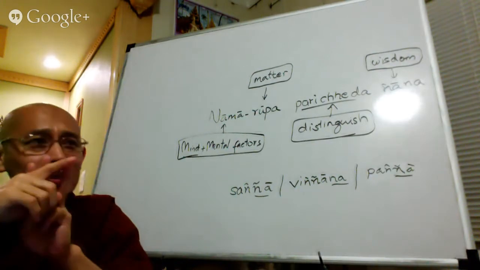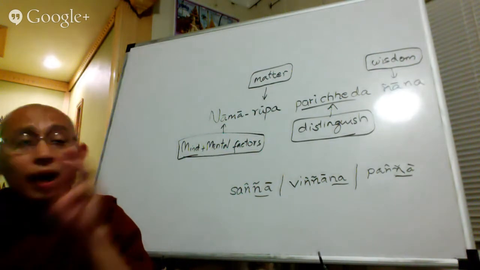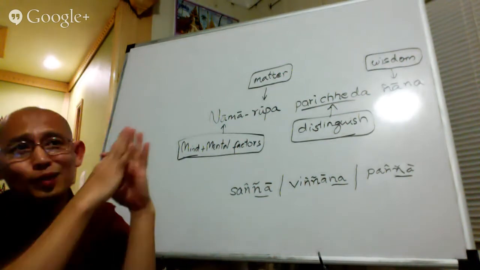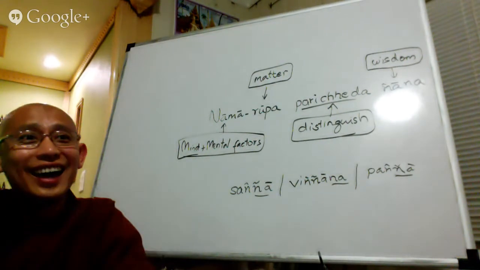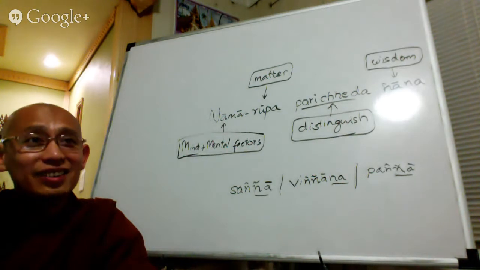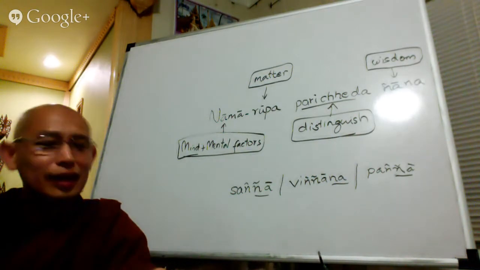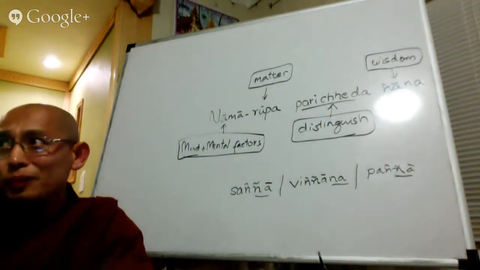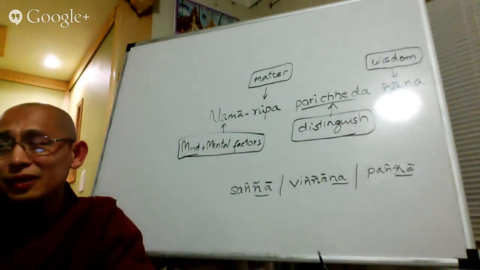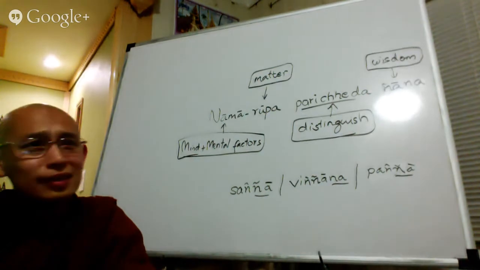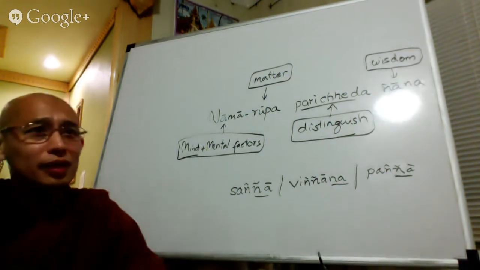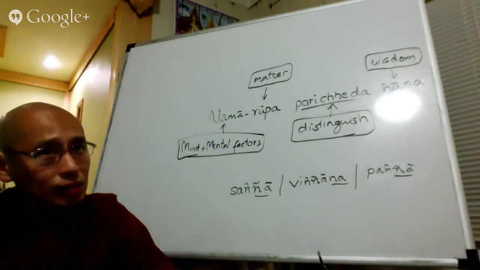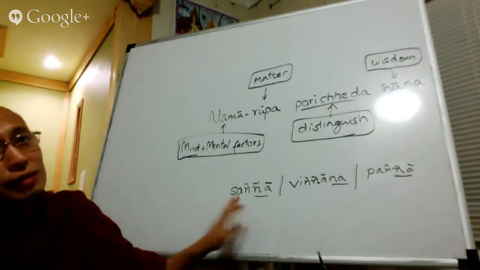The child, when he sees the coin, just knows it is round, and there is some picture on the face. Just that much he knows when he sees the coin. This looks like sanna.